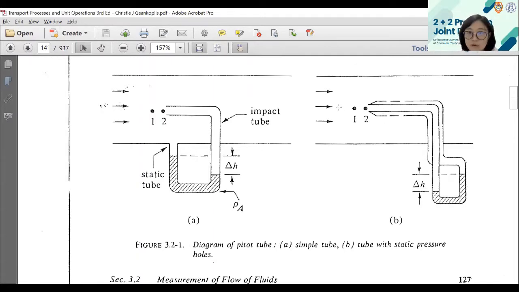When we go to point A, there are two openings, one for the static tube.